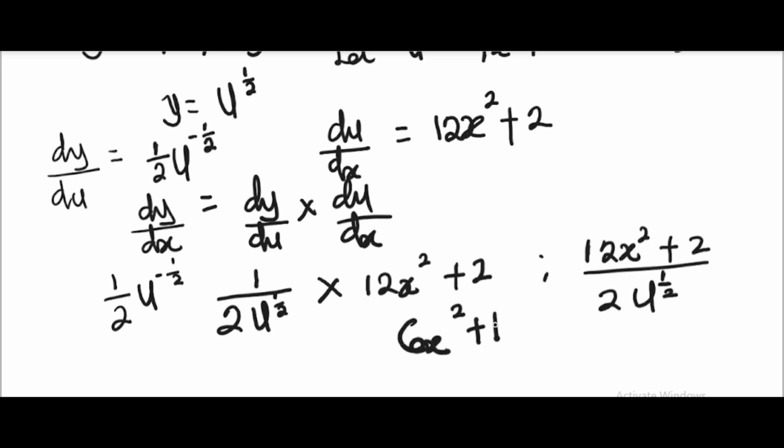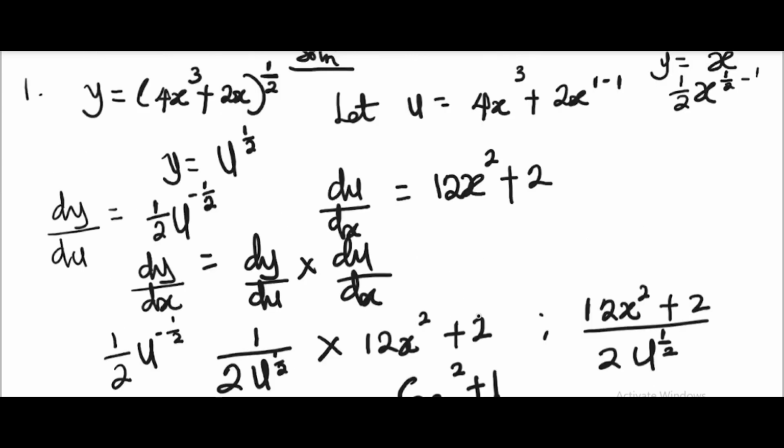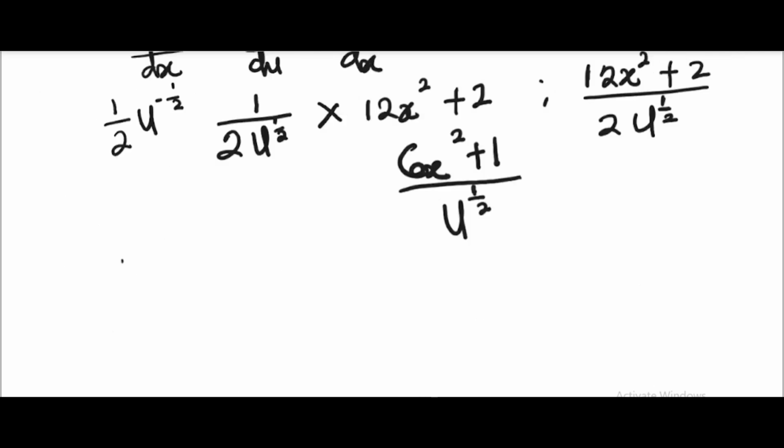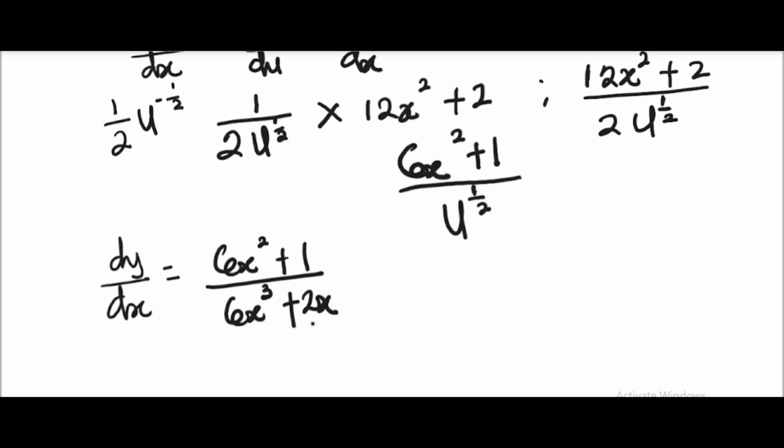Our u is 4x cubed plus 2x. When we substitute that, we will have our dy/dx equal to 6x squared plus 1 all over the square root of 4x cubed plus 2x. We can simplify further.